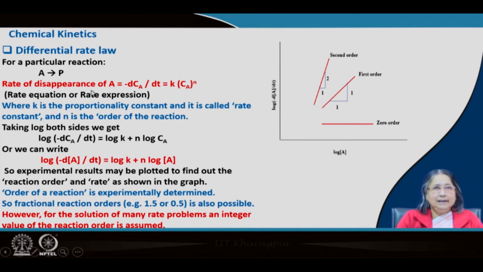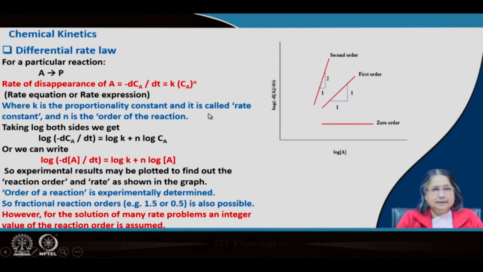So, the rate of reaction, the rate of disappearance of A, is nothing but k times CA to the power n. What is k, what is n, and what is CA? CA is the concentration of A at a particular time, at time t, for example, and n is the order of the reaction, and k is a constant which is called the specific rate constant, or also rate constant.